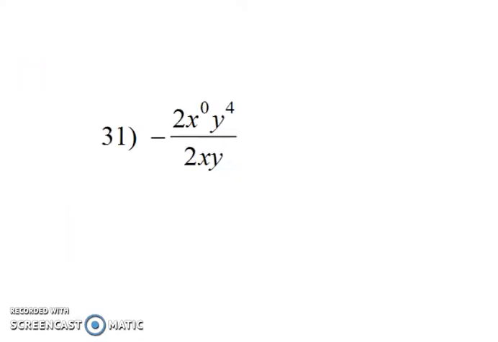How about stuff like this? Well, x to the 0. Hopefully you watched that other video that I made, and you know that x to the 0 is simply 1. So feel free to multiply 2 times 1. Last time I checked, that was 2. There's still an x down below here and a 2.